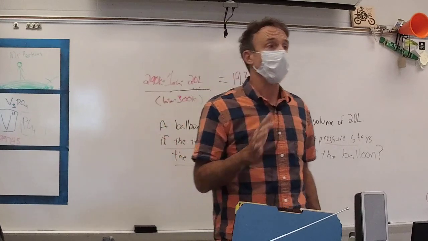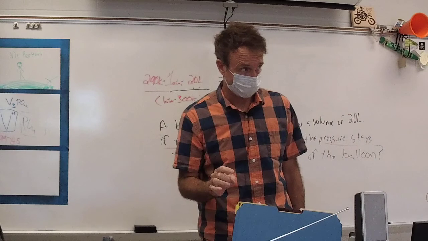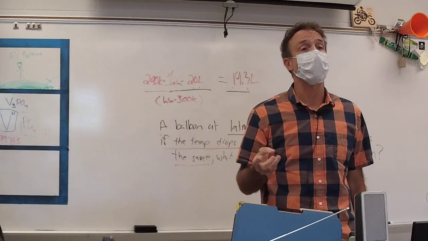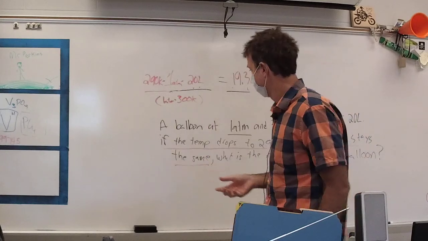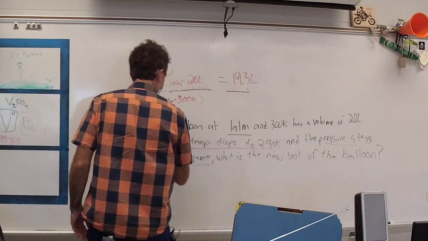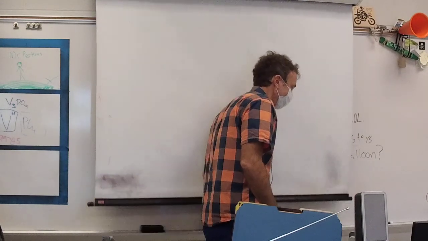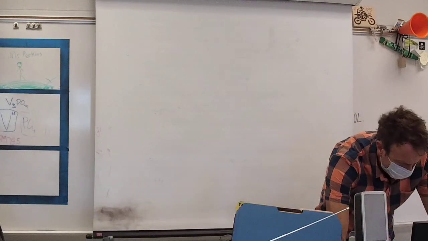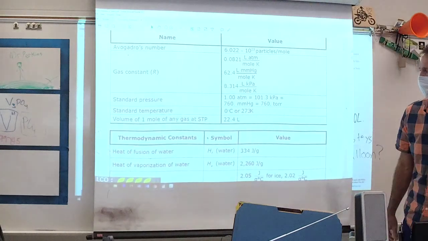Last thing on this video for you people at home is this. When I talk to you about pressure, there are 3 or 4 different units I can use for pressure, okay? And those units are found on your tables on page 1.